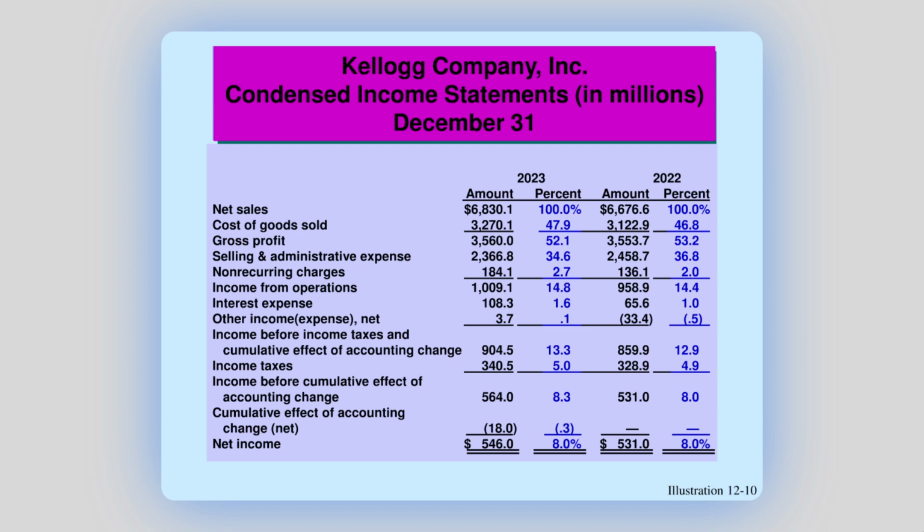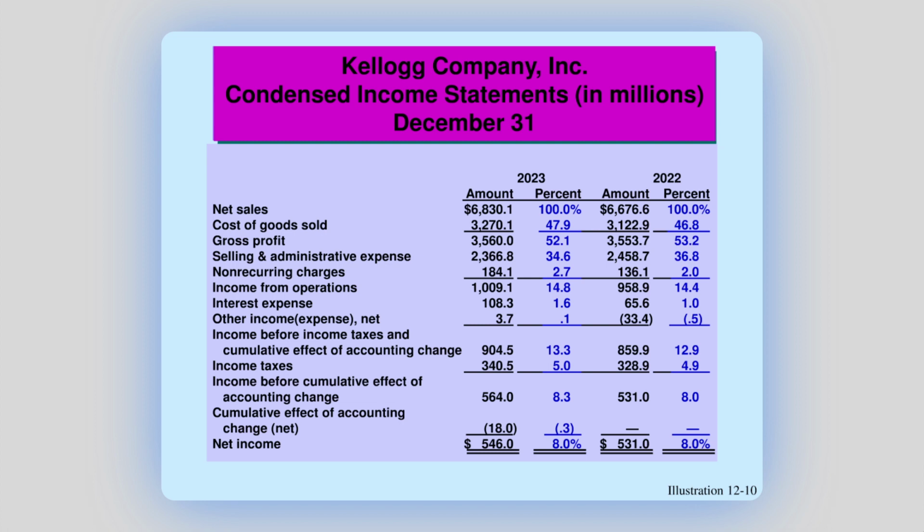Ganun din naman, in the year 2022, net sales would be our base amount. Okay. So, ibig sabihin, cost of goods sold is 47.9% of your net sales. Also, your net income is 8.0%. Ayan. So, ganoon ang pag-interpret ng ating vertical analysis.